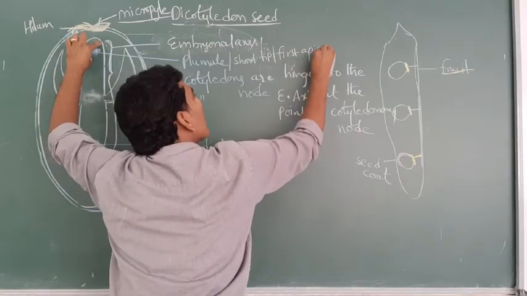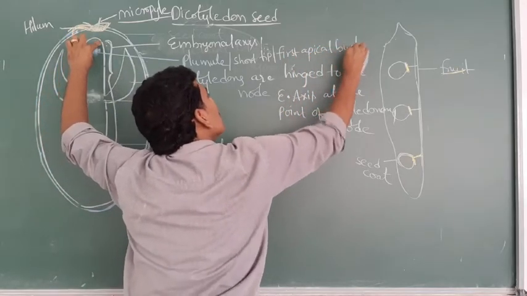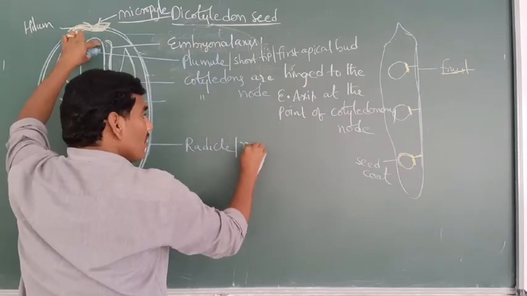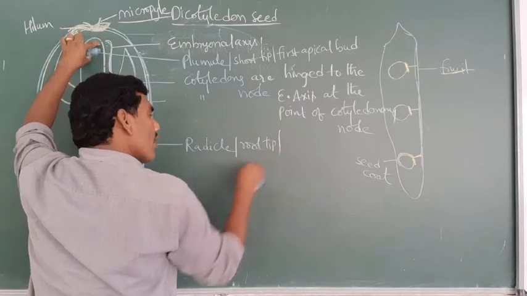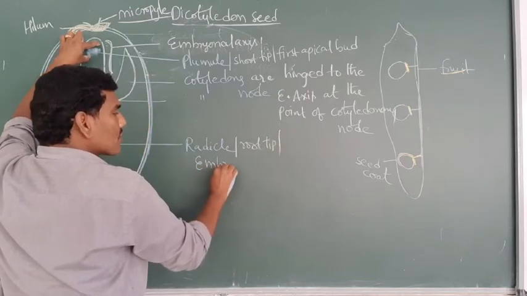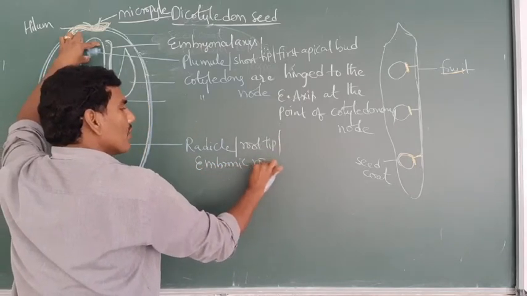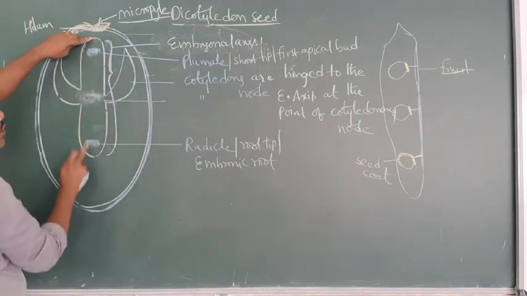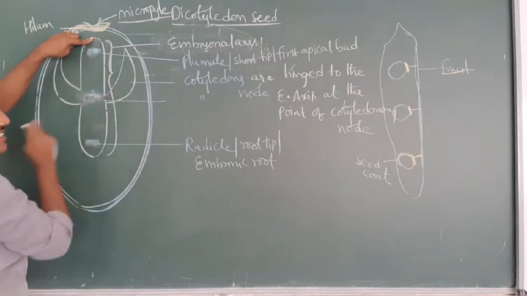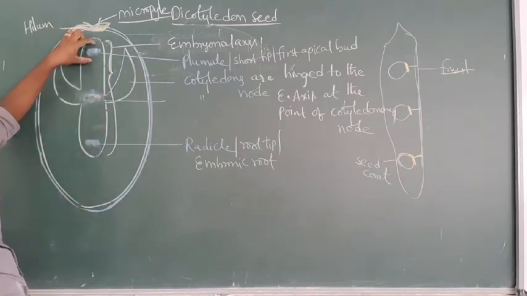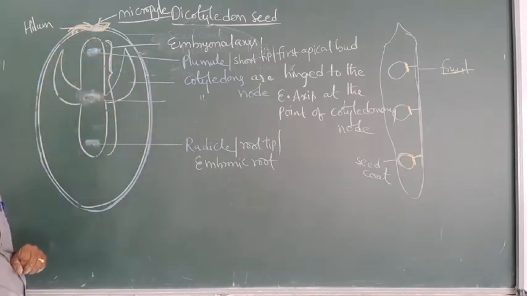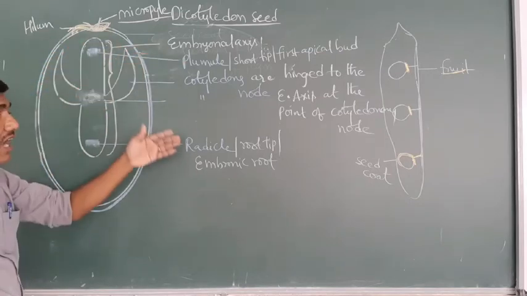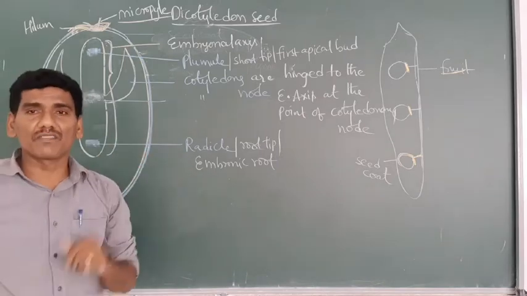Next, this is the radicle, root tip, or first embryonic root. That's why at the two ends of the embryonal axis, the first apical bud and embryonic root are present.